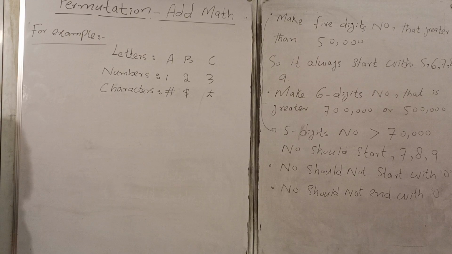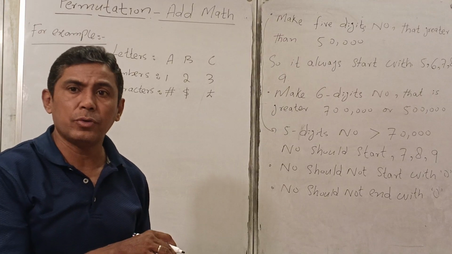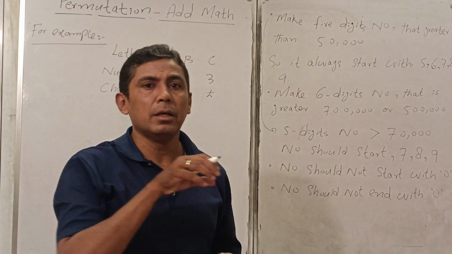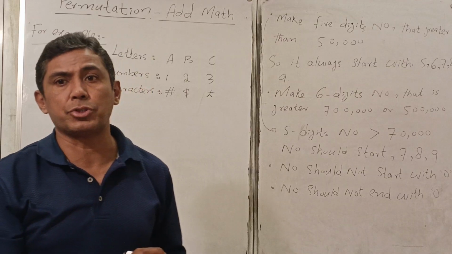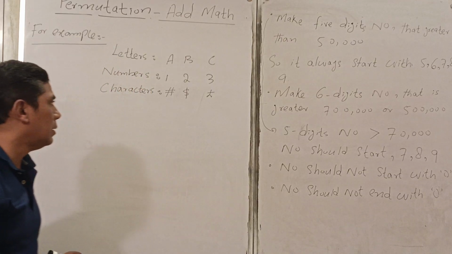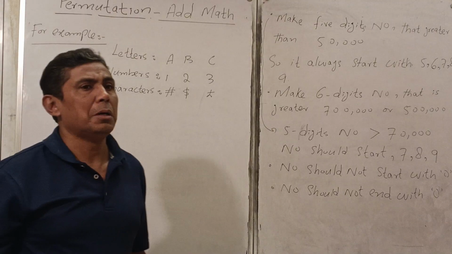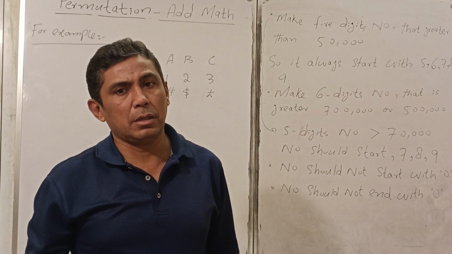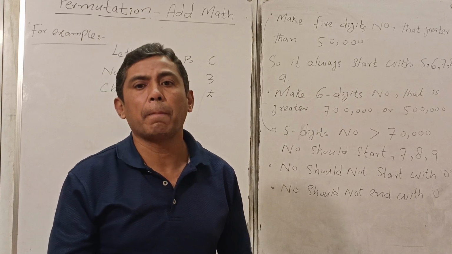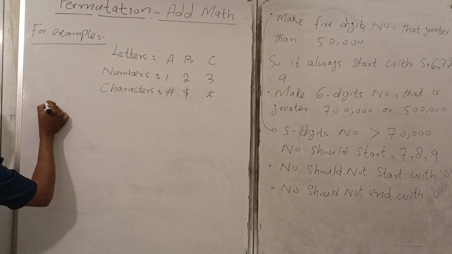What kind of questions may the examiner ask, or what kind of restrictions may be involved in your permutation questions? First of all, without restricted questions: make a 6-digit password. What are the possible ways? Basic question, without restriction.